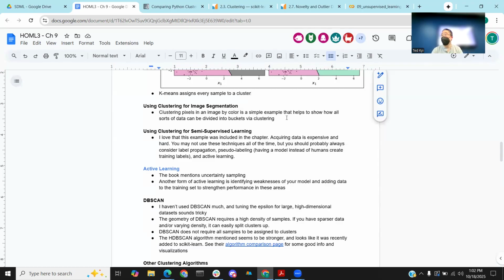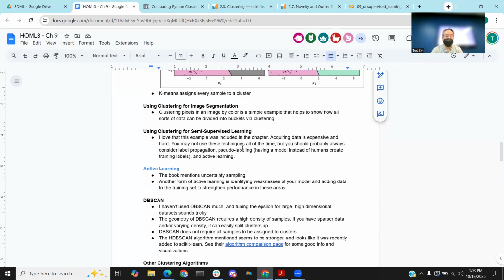When you have 2D blobs, that's too trivial a way of defining clusters. To me it's not obvious that you would cluster pixels, but yes, you can cluster them by color. You can cluster any data by different attributes.